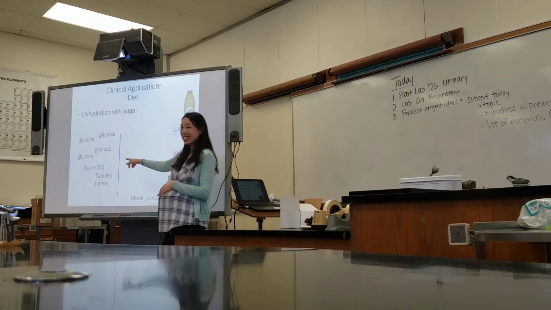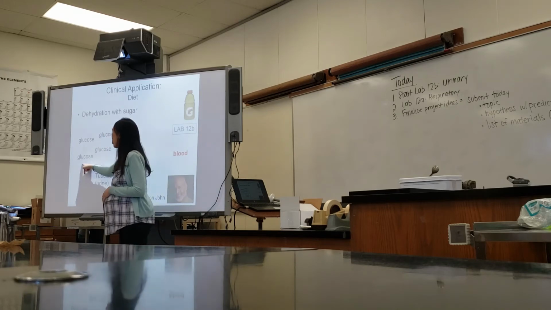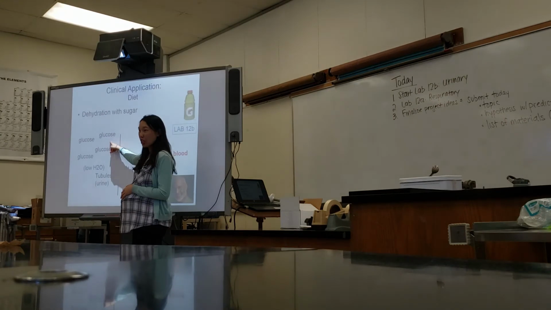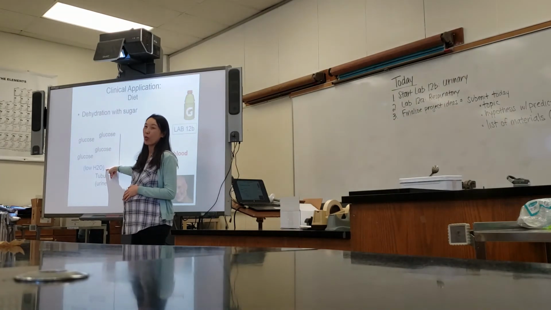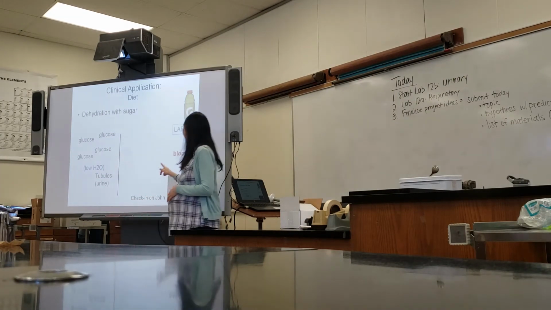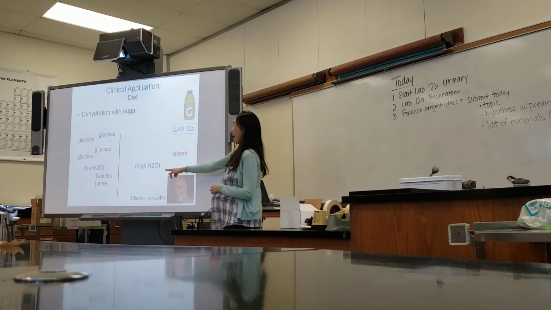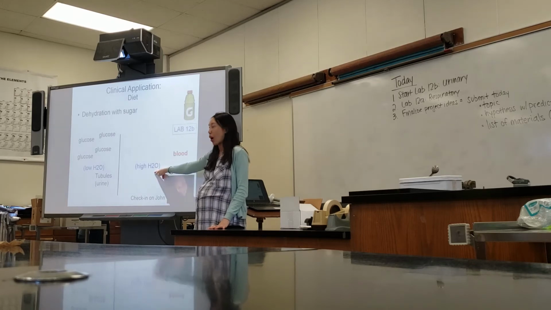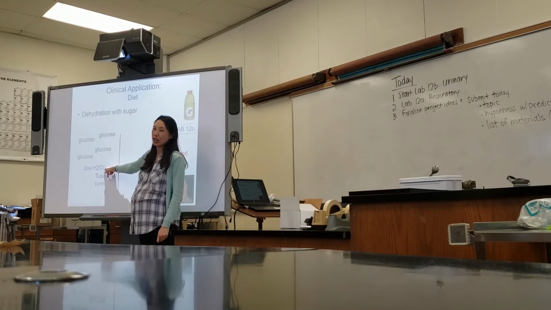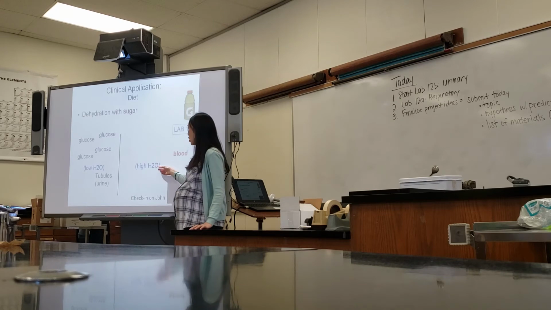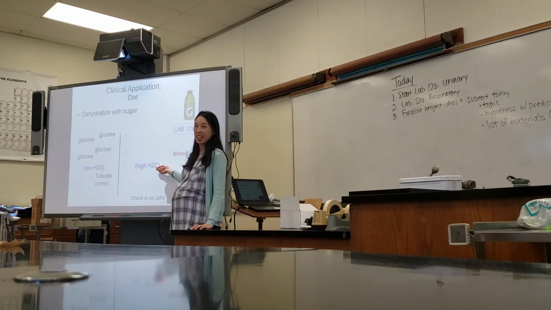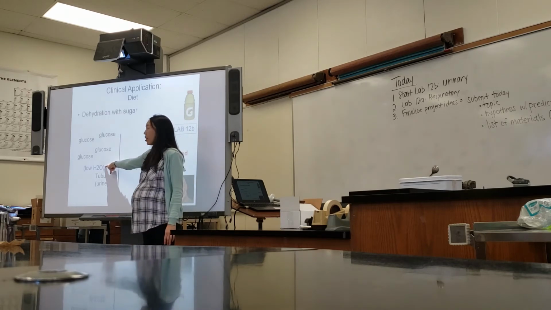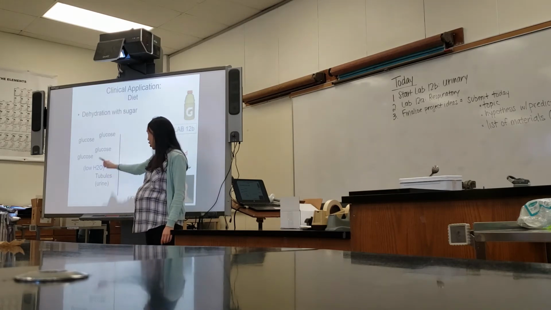Okay. So because this person has so much glucose in the urinary tubules, again, high concentration of sugar means low concentration of water relative to the blood. So in this patient, there's more concentration of water in the blood, lower concentration of water in the tubules. So based on osmosis, which way is my water going to go here? To the tubules. And if it ends up in my tubules, where is it going to end up?